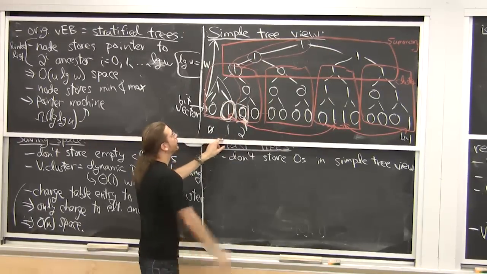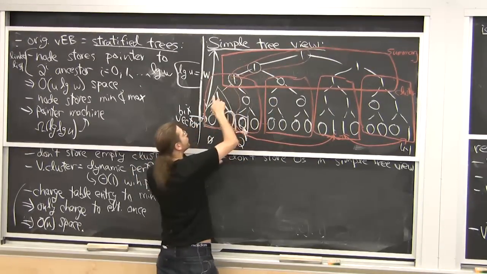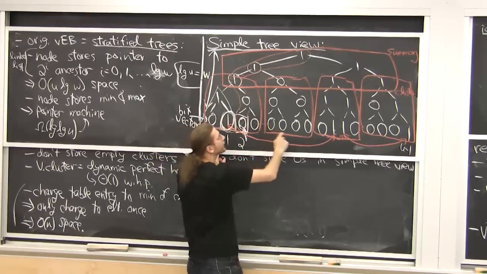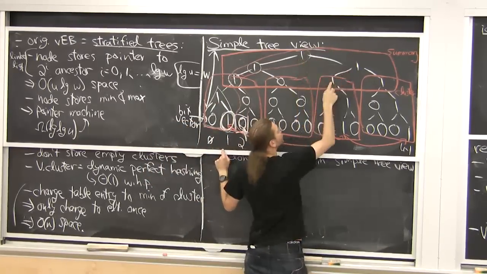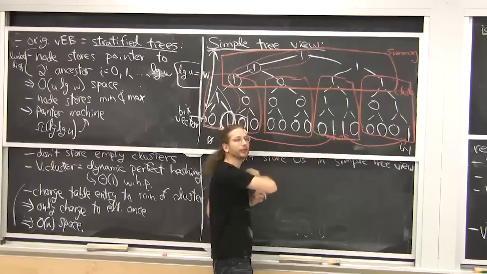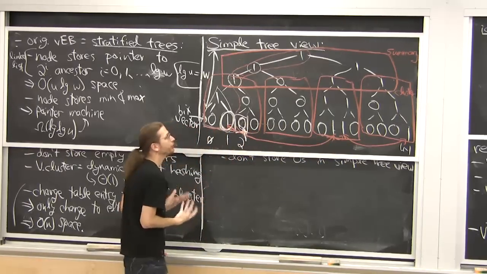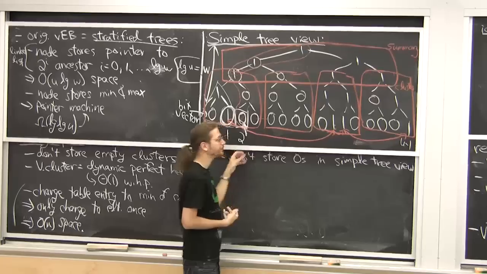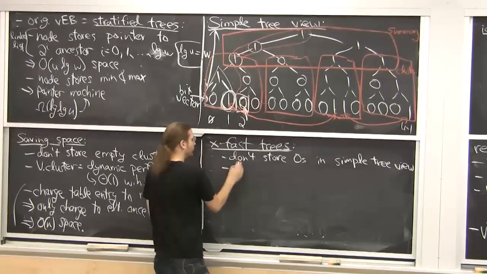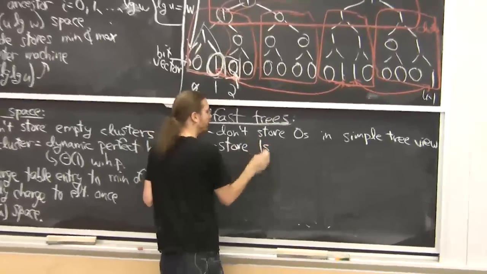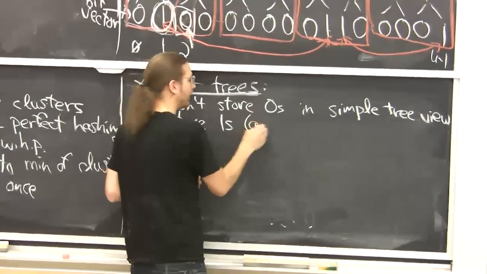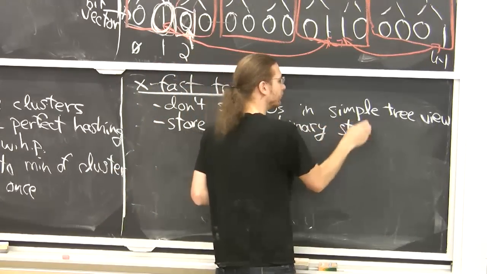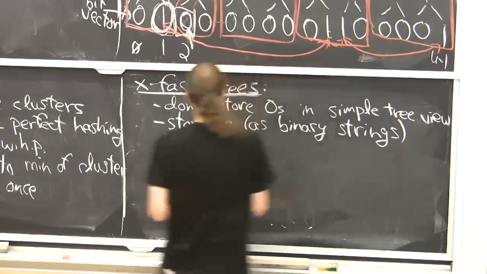Its name is 1, or in other words, 0001. Each of these nodes, you can think of what is the path to get here. Like the path to get to this one is 1, 0, 0. 1 means right, 0 means left. Those names give you the binary indicator of where that node is in the tree, in some sense. So store the ones as binary strings in a hash table.